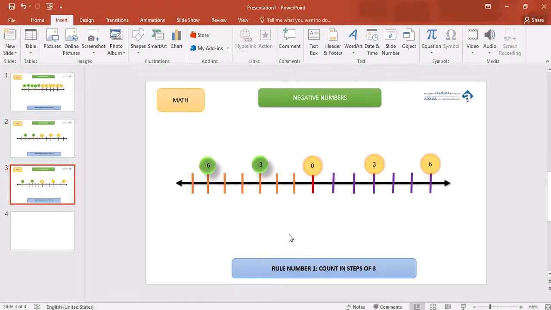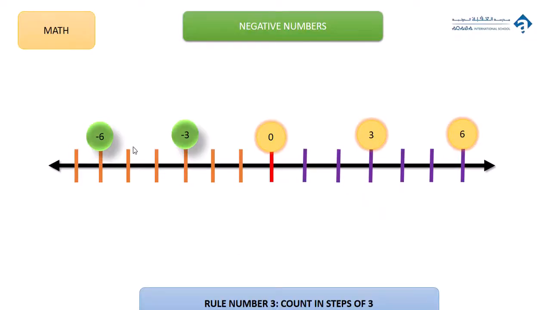Let's go to the next rule. Now we have rule number 3, or any rule that we have. We don't have to count or just say rules, but this is just to remind you what I'm working on here. So we have -3, -6. Okay, so this should be quite simple for us.